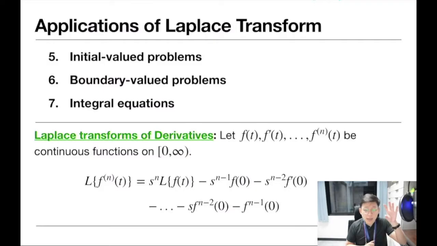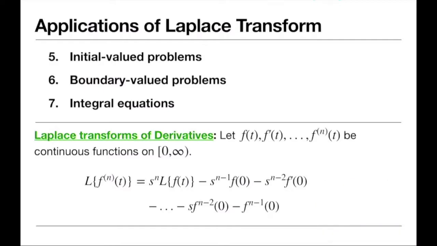So the Laplace transform of the nth derivative of f is s to the n times the Laplace transform of f, minus s to the n minus 1, s to the n minus 2, until s to the 0. See, the order of s is decreasing from n to 0.